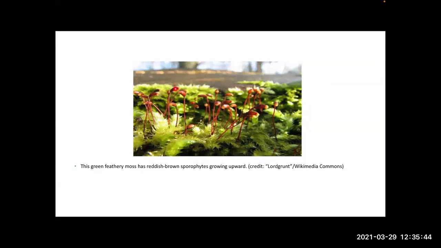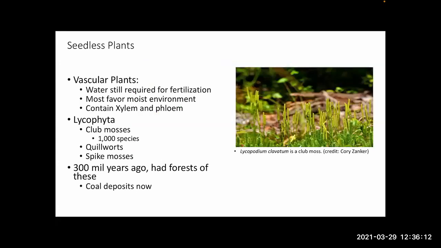Then these capsules are the sporophyte structures, and your spores are in here. They'll be released and grow into more of these leafy structures shown in the image. So again, these are gametophyte dominant organisms, and so they have a haplontic dominant life cycle.